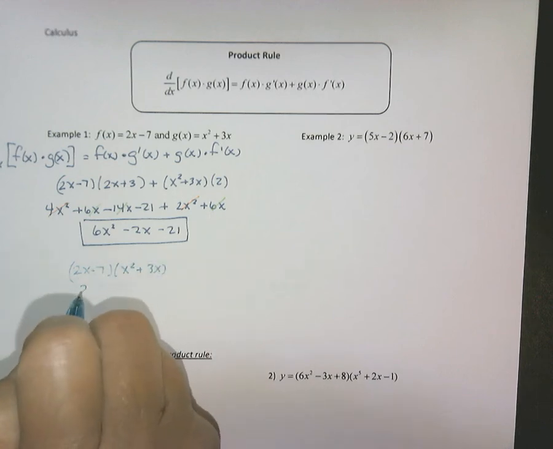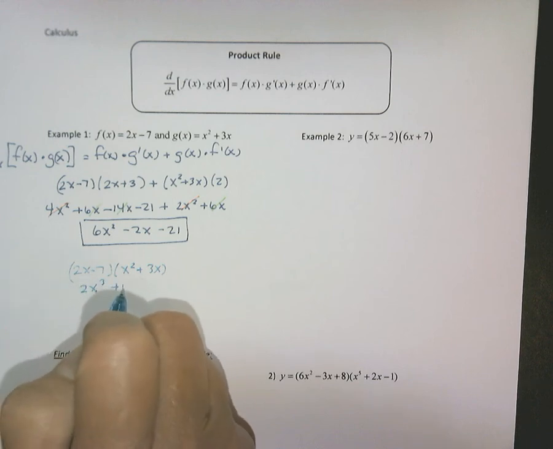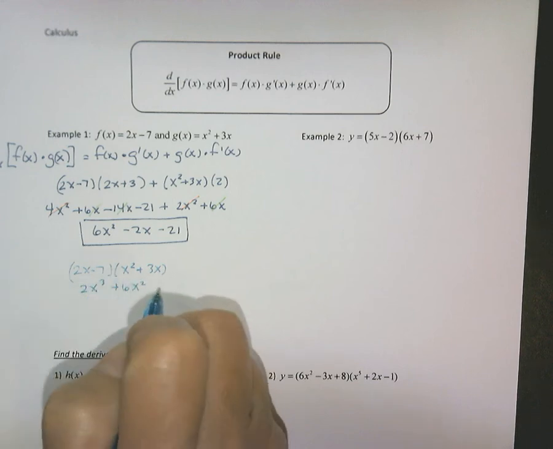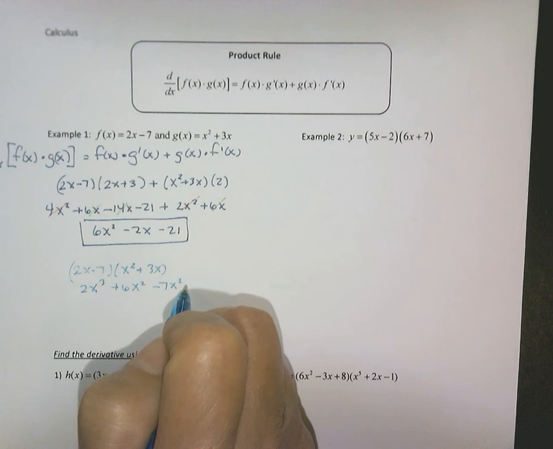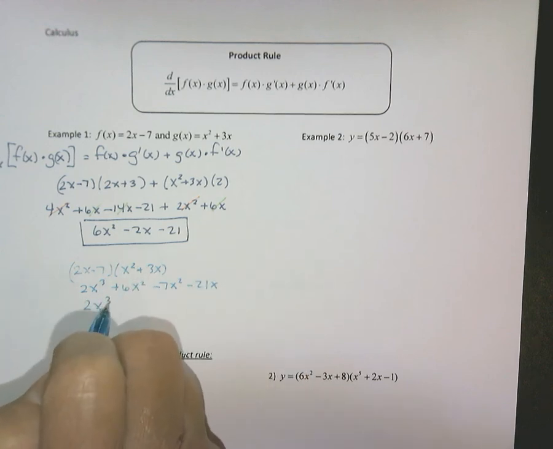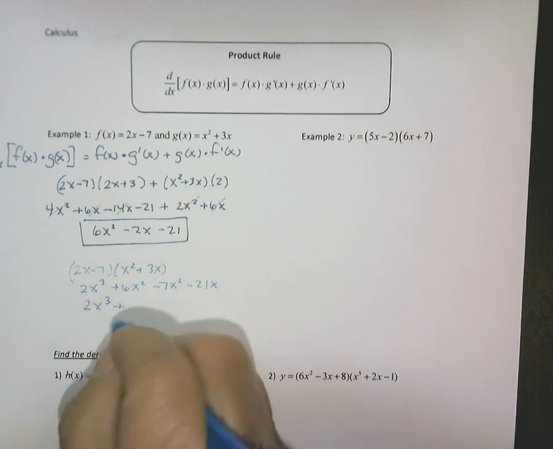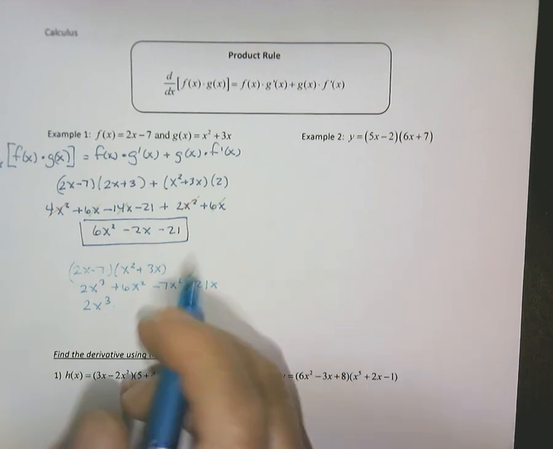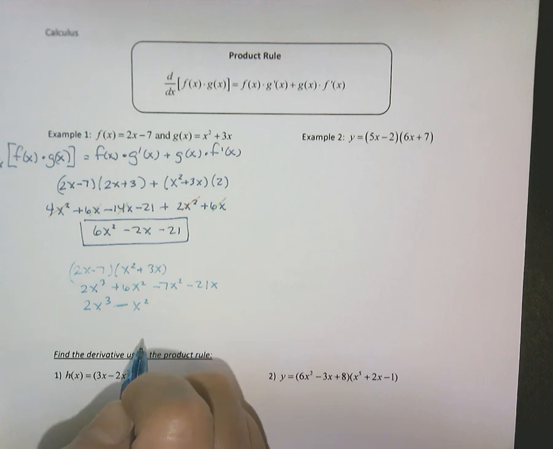So I'm going to get 2x cubed plus 6x squared minus 7x squared minus 21x. I'm going to combine these like terms, so I get 2x cubed minus x squared minus 21x.